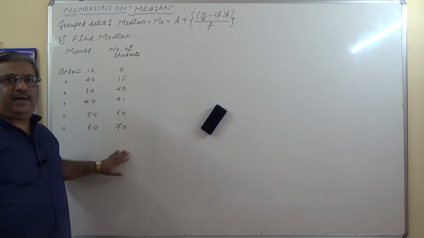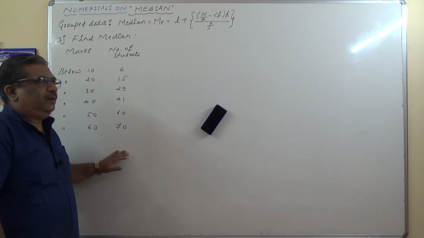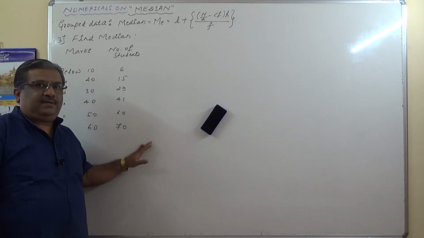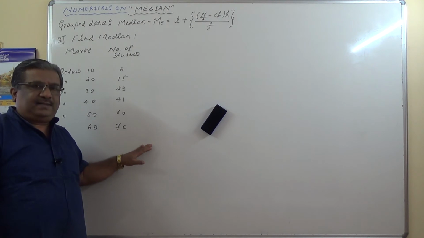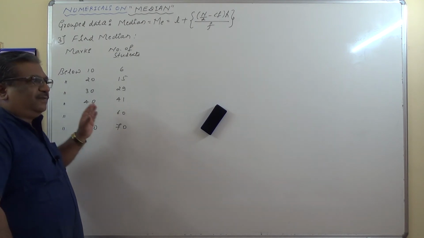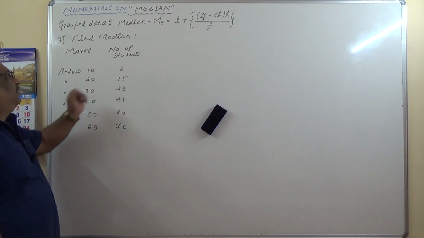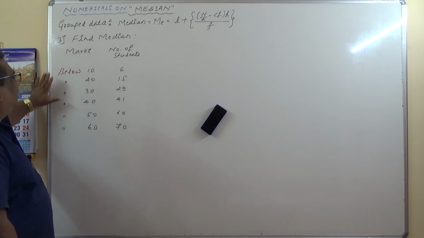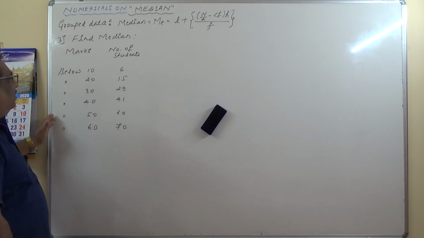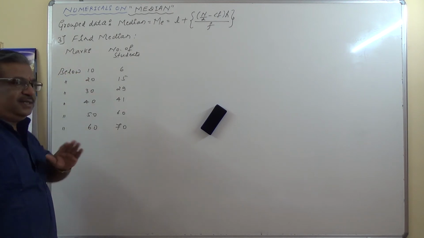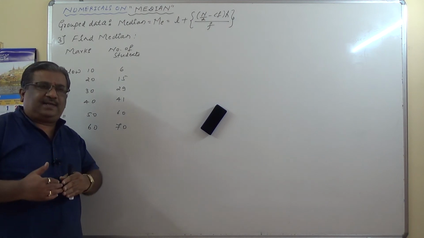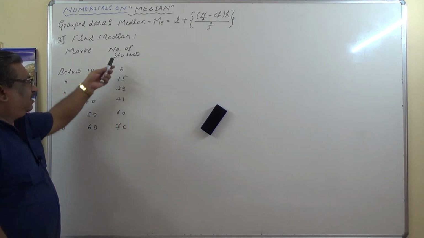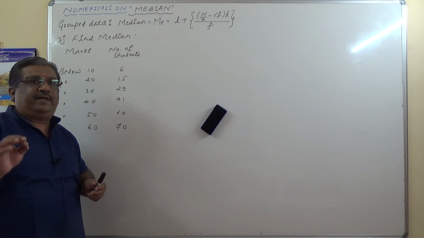Here once again you have a very typical sum. We have discussed more than series and less than series in detail in our earlier classes. So one of the sums based on that is find the median. Basically we have to find the median marks. In this case, the marks have been given and the number of students. Please remember, whenever the less than or more than series is given, then the frequency is nothing but the cumulative frequency distribution.